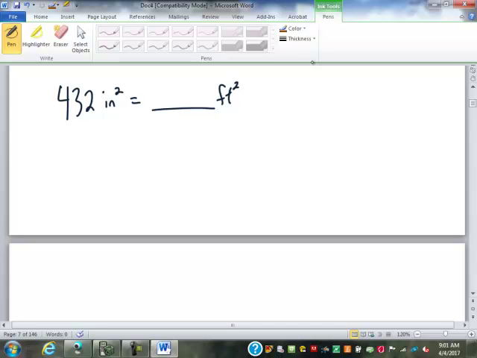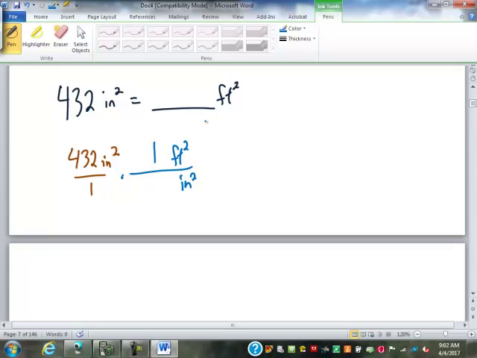Okay, how? 432 inches squared over 1 times square feet or cubic feet.